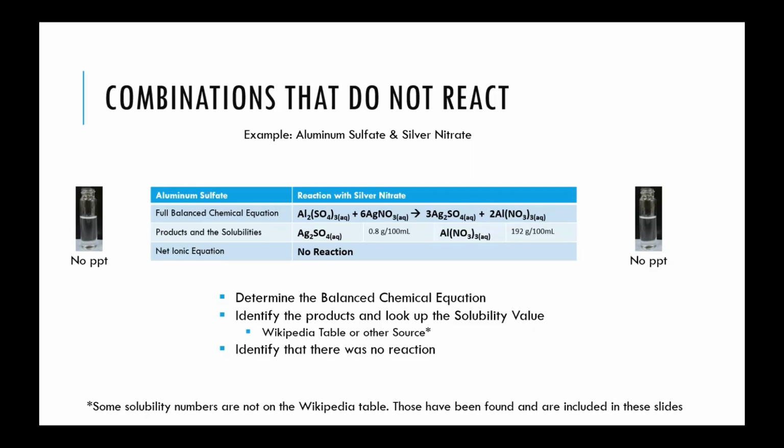There was no solid that was formed. But if you were to look up these solubilities, you'll see that silver sulfate has a solubility of 0.8 grams per 100 milliliters, and aluminum nitrate has a solubility of 192 grams per 100 milliliters. Under the conditions in the video, there was no reaction. However, if the concentrations were increased, most likely silver sulfate would be the first to precipitate.